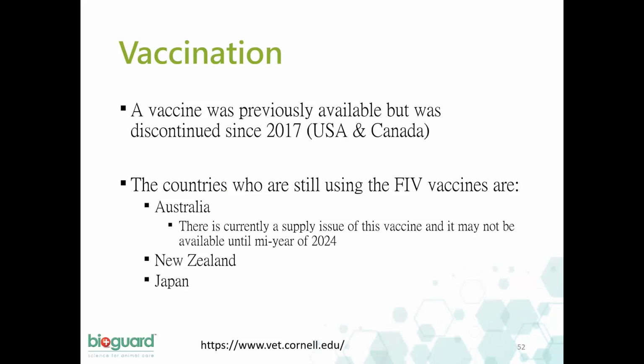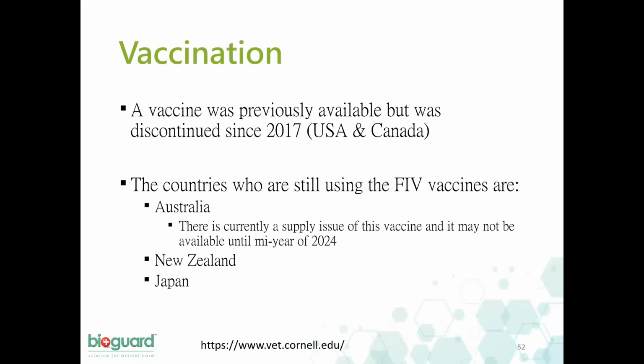The FIV vaccines also led to false positives, which could lead to unnecessary euthanasia. There is also limited protection against the virus when using this vaccine, and it needs frequent boosters to stay effective.